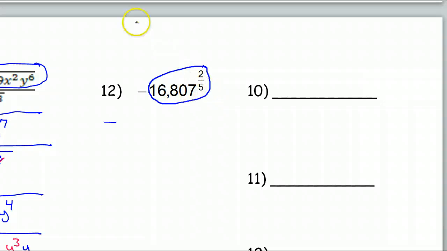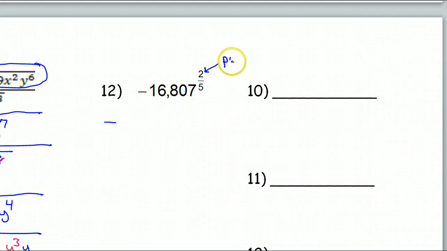So I'm going to go ahead and rewrite this in radical form, because I remember that the numerator will be the power and the denominator will be the root. So in radical form, the root is 5, so that means the 5th root is what's happening.